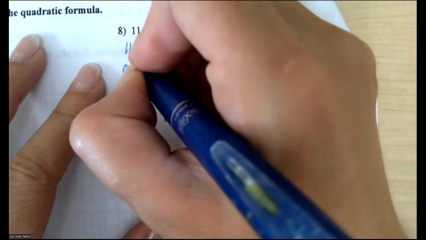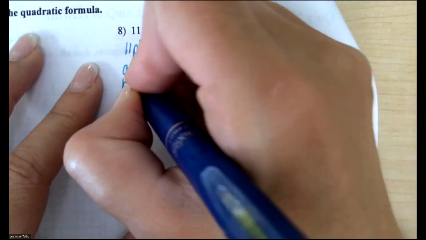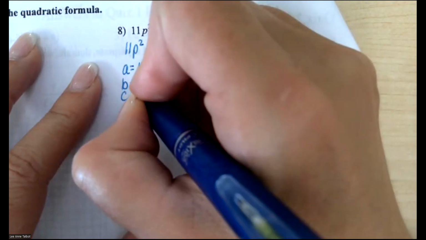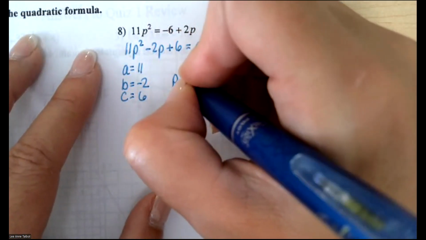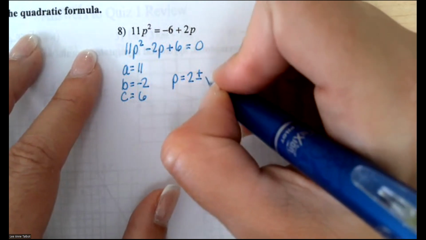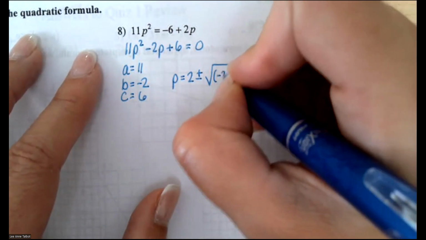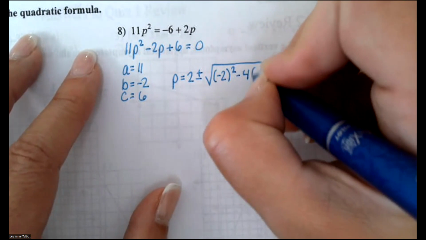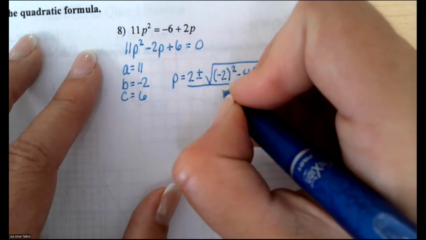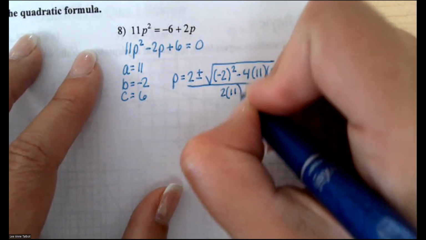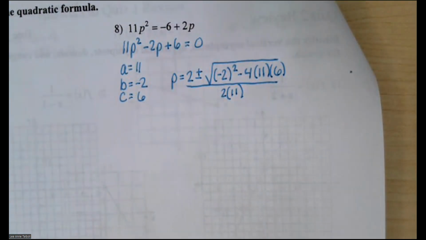Okay, now do you have that? Okay, now do you have that? Okay. All right, now I think this is going to be negative underneath here.